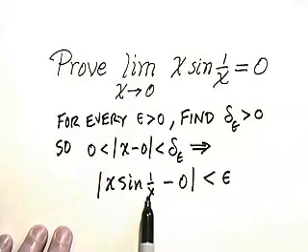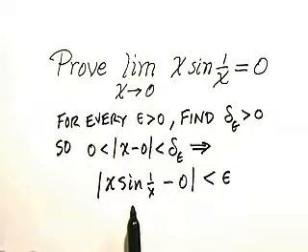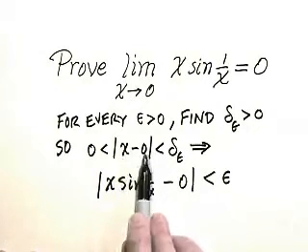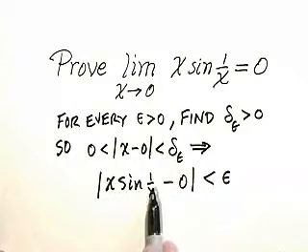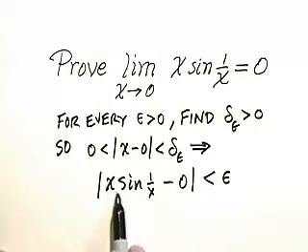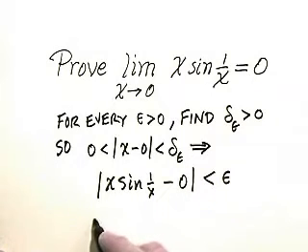Now, the absolute value of x minus 0 is just the absolute value of x, and likewise the absolute value of this quantity minus 0 is the absolute value of x times sine of 1 over x. And so consequently, this inequality is the same as looking at those two terms, absolute x times absolute sine of 1 over x less than epsilon.